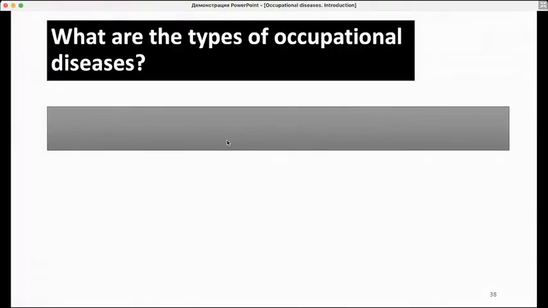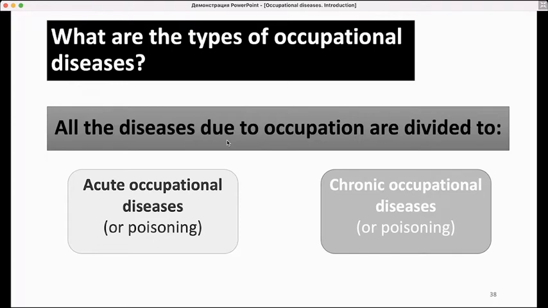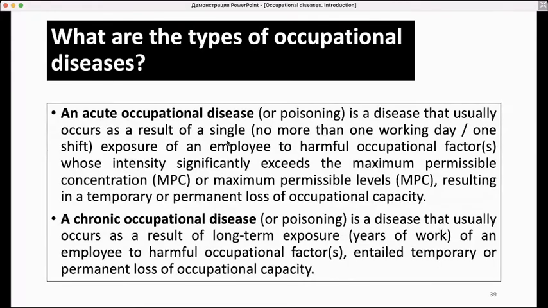And we move on to types of occupational diseases, so classification. All the diseases caused by work can be divided into acute occupational diseases or disorders or poisonings, and chronic occupational diseases or disorders or poisonings. Let's define acute occupational diseases or poisonings.